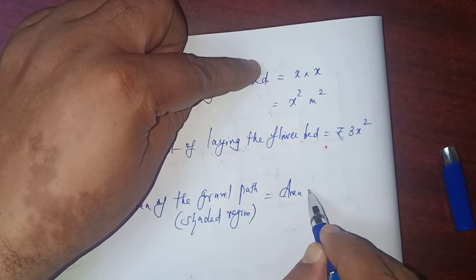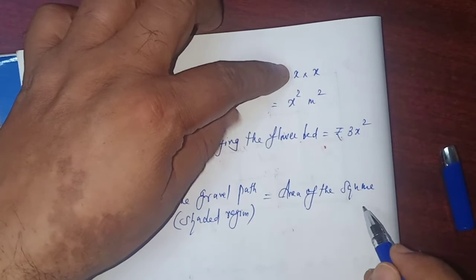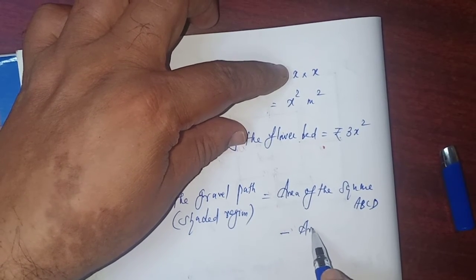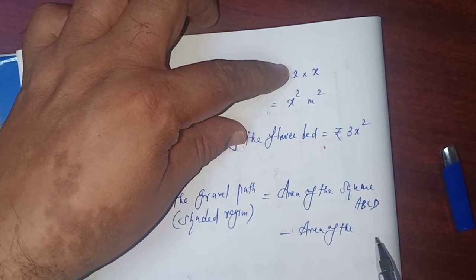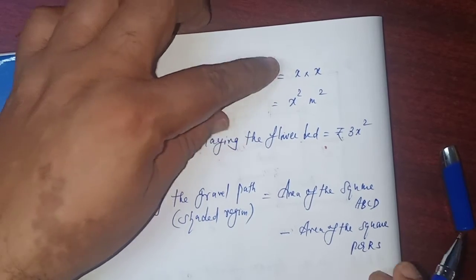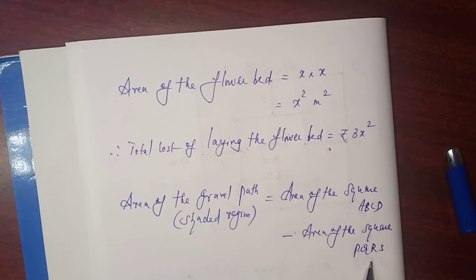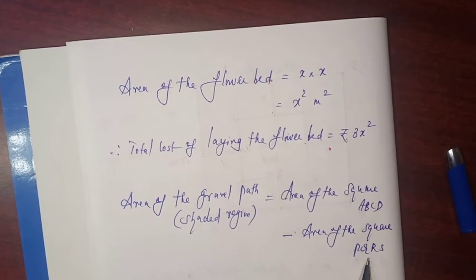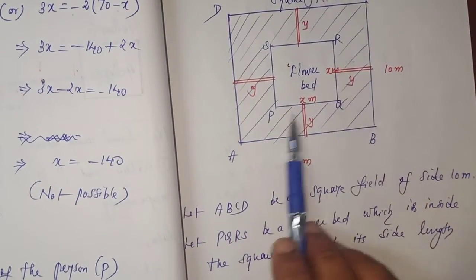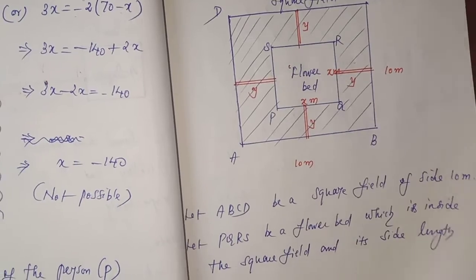Area of the square ABCD minus area of the square PQRS. Area of the outer square minus area of the inner square. Outer square is ABCD, inner square is PQRS. If we subtract, you will be getting that shaded region area.